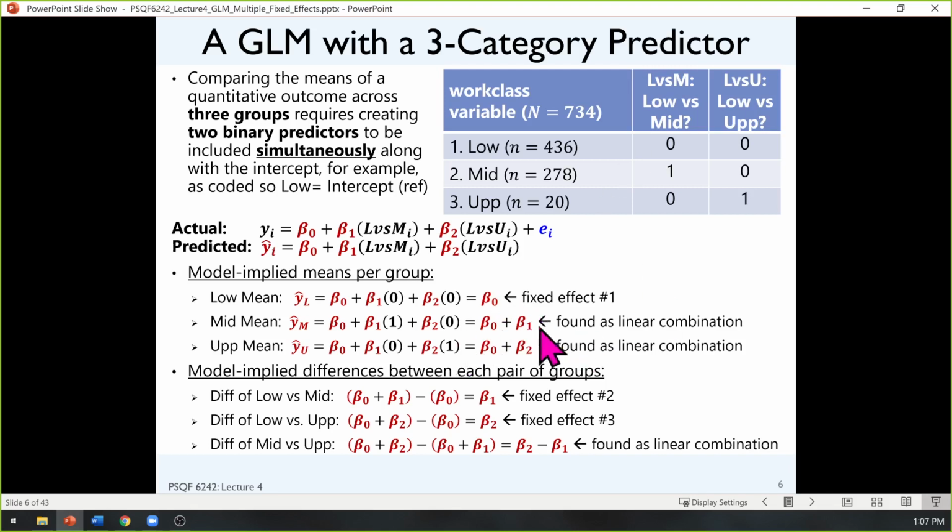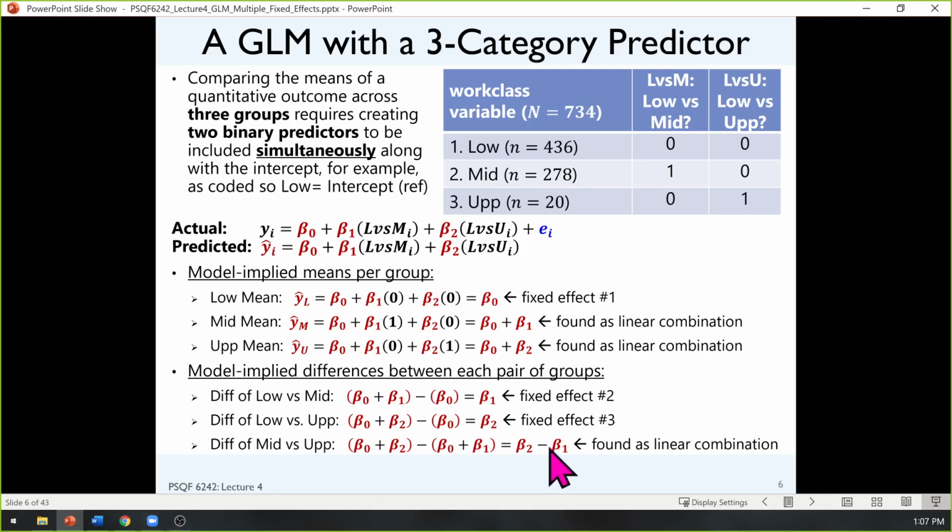Given that the model does tell me what the mean is for each group, the model also then tells me what the mean differences are as linear combinations. 2 of the mean differences between the reference group and each of the alternative groups are given directly as the slopes. Beta 1 is how far off the middle group is from the low group. Beta 2 is how far off the upper group is from the low group.